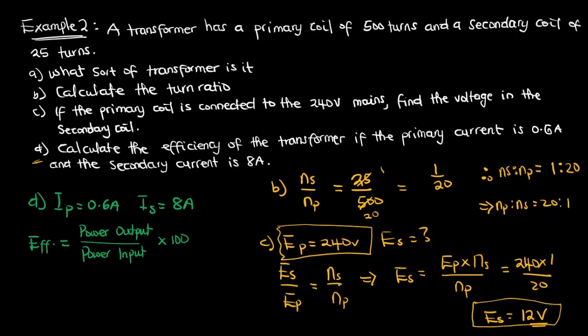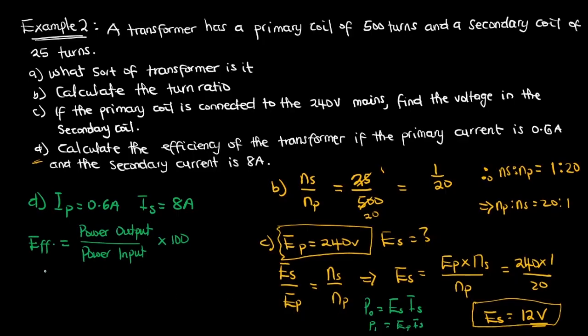Power output, P subscript O, means the power in the secondary coil. That would be the voltage in the secondary coil multiplied by the current in the secondary coil. Now, the power input, which I'll make Pi, is equal to the power in the primary coil. So that would be the potential difference, or EMF, in the primary coil multiplied by the current in the primary coil.